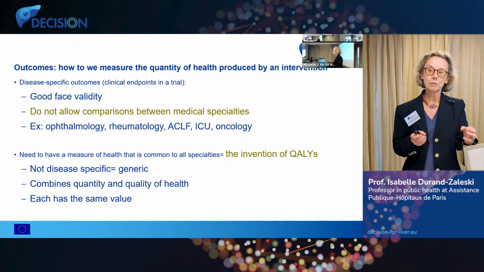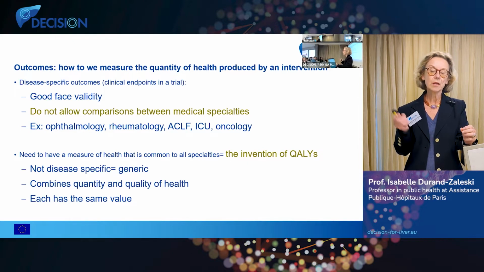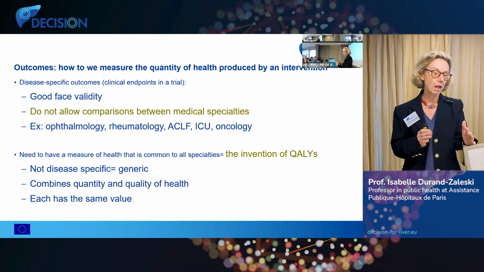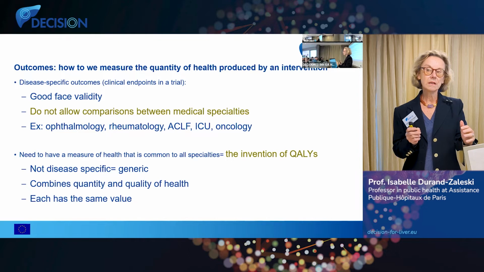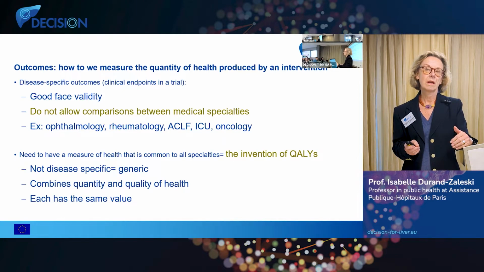There's a very strong assumption at the basis of QALYs, and I'll show you how they're calculated, which is that quality equals quantity. That it is the same for a patient to gain in quality of life or in quantity of life. And you see it's pretty strong.